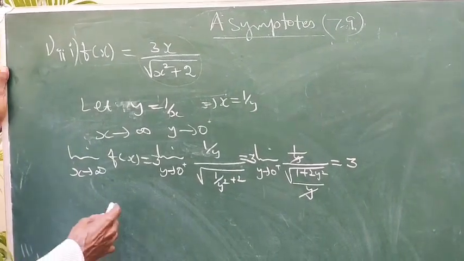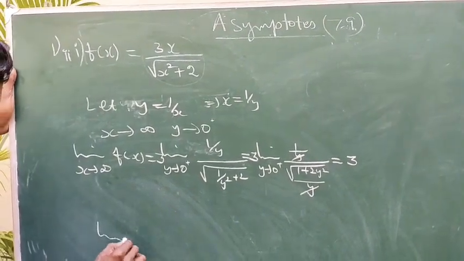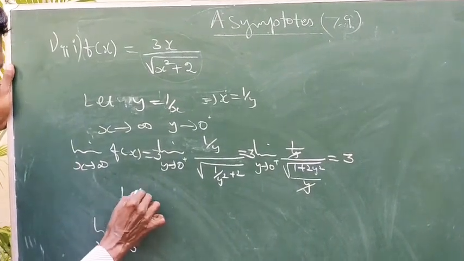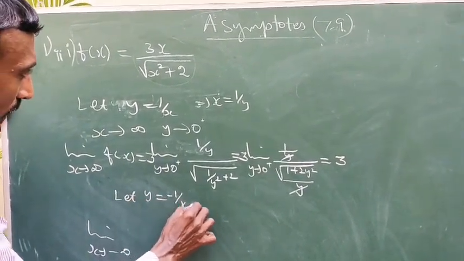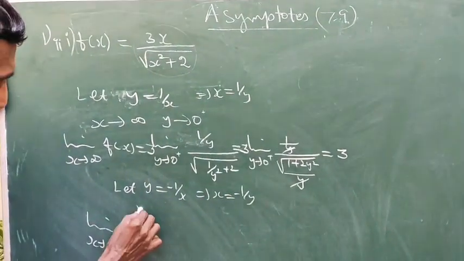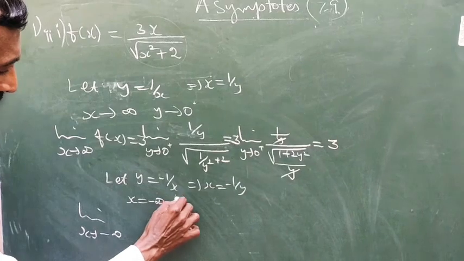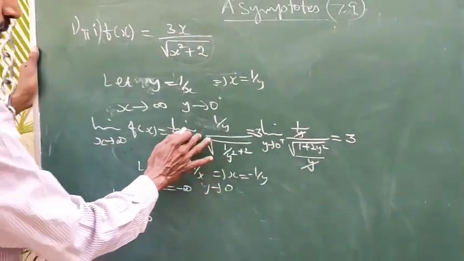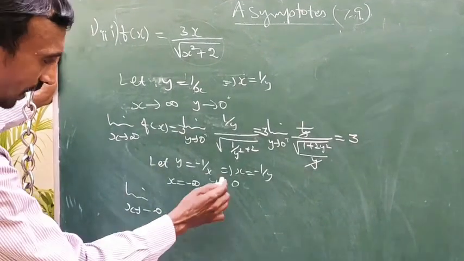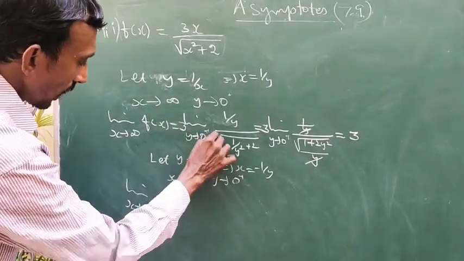And if you want to apply limit x tends to minus infinity, for that let me take y equal to minus 1 by x, which implies x equal to minus 1 by y. So if x tends to minus infinity, again y tends to 0 plus.